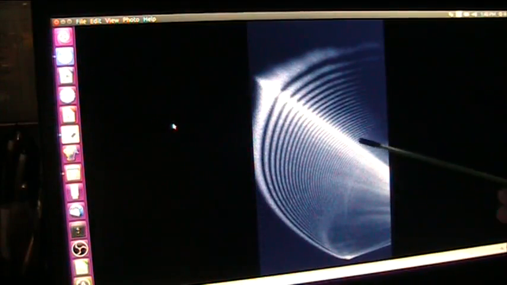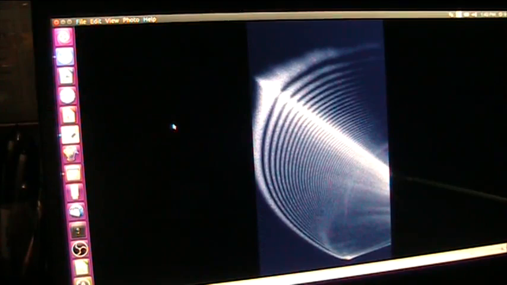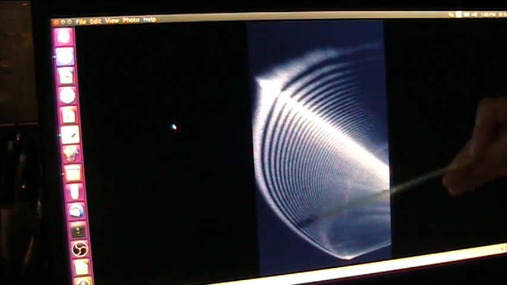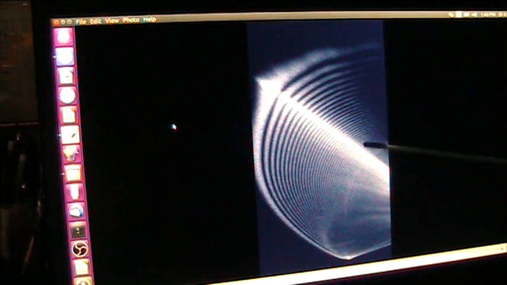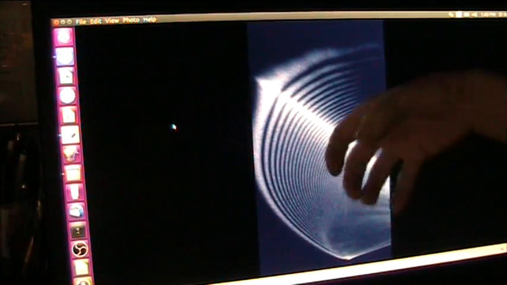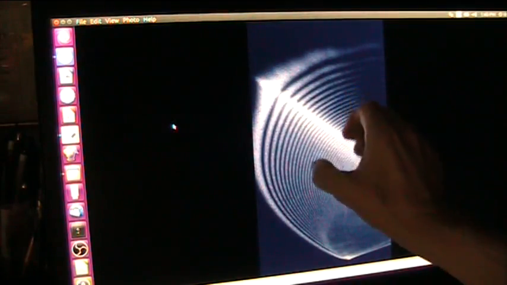I believe this is glass, and the beam is coming straight through here, creating this bulge. Normally you don't see that in the air. You just see a shock wave coming forward. But I think this is pushing so hard through glass that it's creating its own bowl-like roundness going forward.